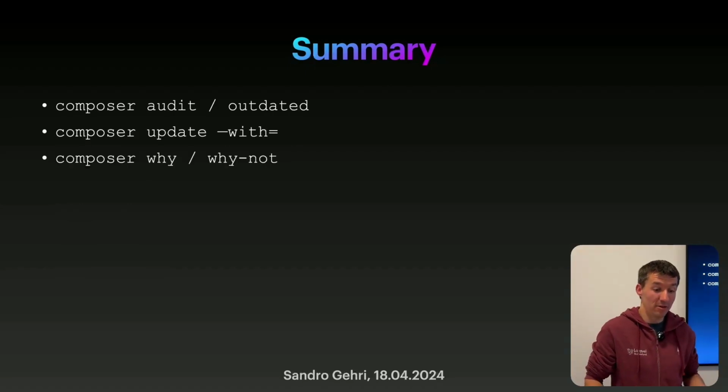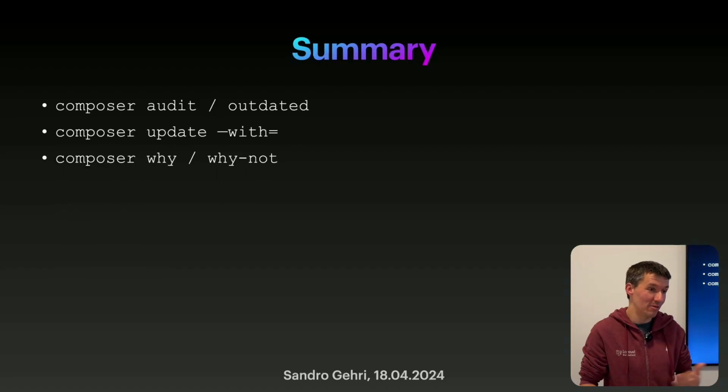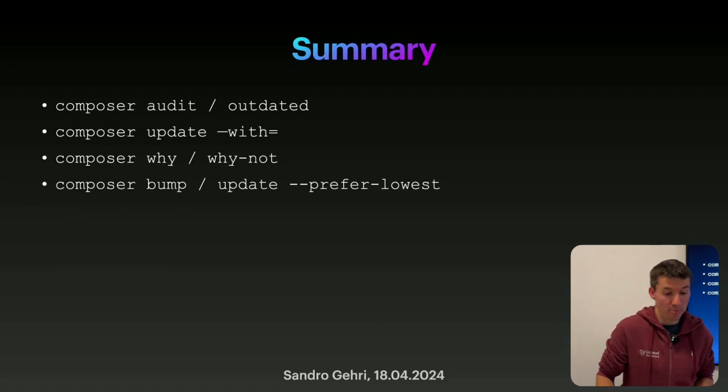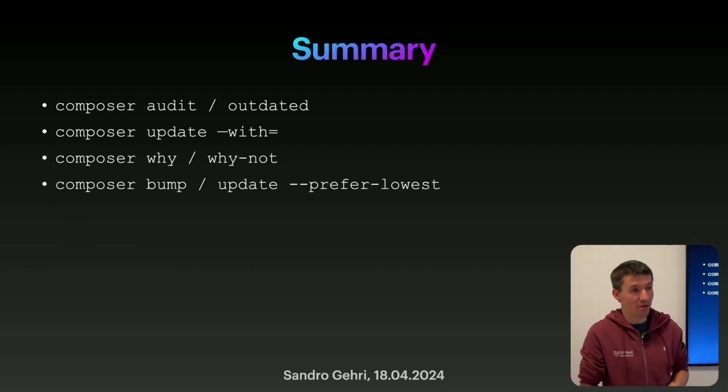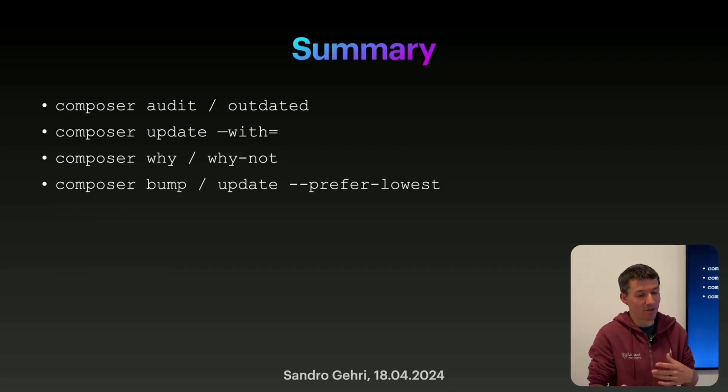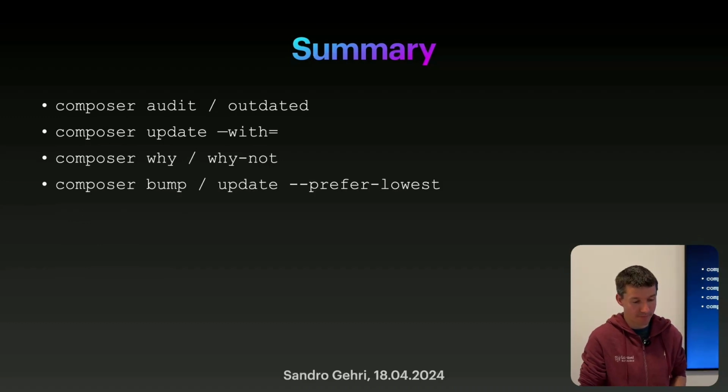We used the why and the why-not commands to get better output on why there are some compatibility issues. We used the bump and the prefer-lowest options to run Composer in the context of package development.